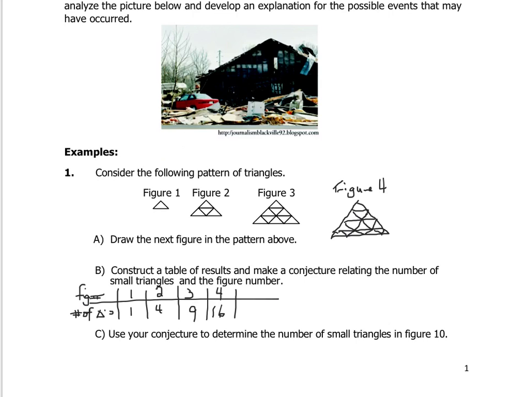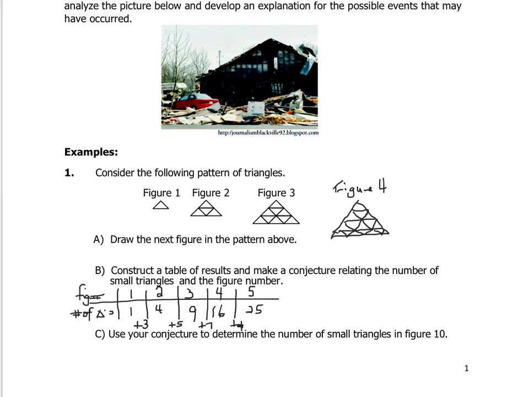So it seems like it's going up by odd numbers: plus 3 to give you 4, plus 5 to give you 9, plus 7 to give you 16. So the next one might be plus 9, and we would guess that the fifth figure would have 16 plus 9, or 25 triangles.